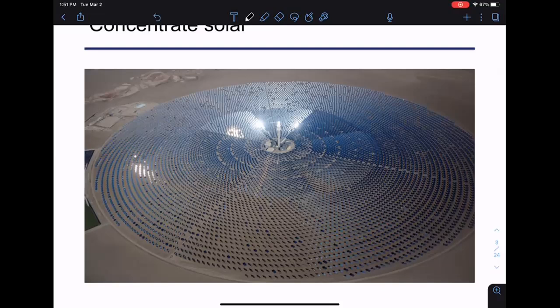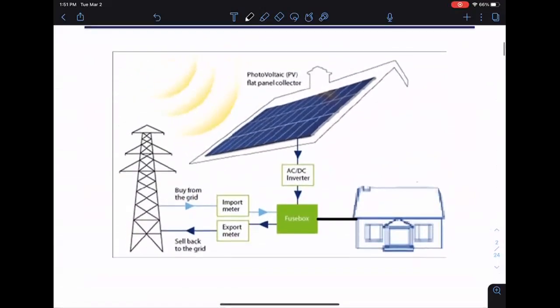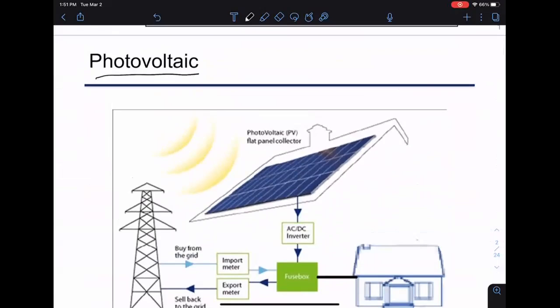It turns out you can melt salt, and that can retain a lot of heat. Concentrated solar heats that up and then uses that heat to generate power down the line. That is not what we will talk about. It's a different technology. Everything we say is about solar PV, photovoltaics.